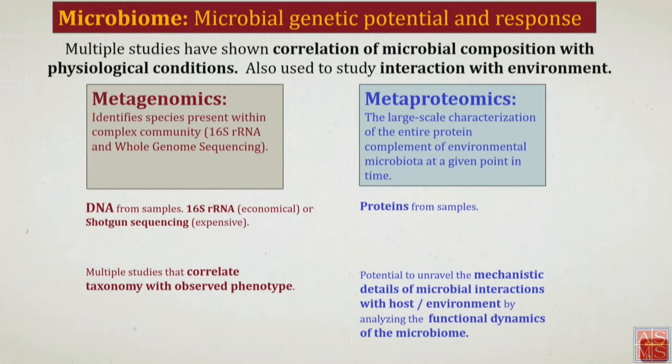If you want to compare 2 states, let's say a disease state and a normal state, you should be able to identify proteins expressed by these microorganisms and then decipher the functions of each of these states. We believe this helps you come closer to a mechanistic understanding of how a microbiome reacts with the environment.